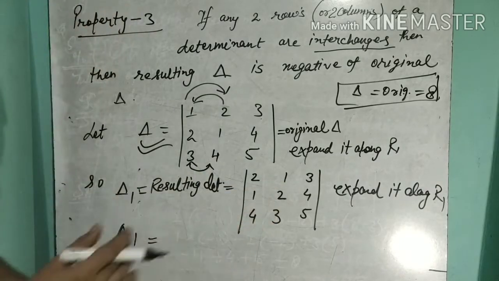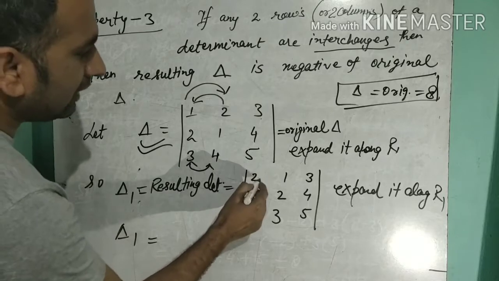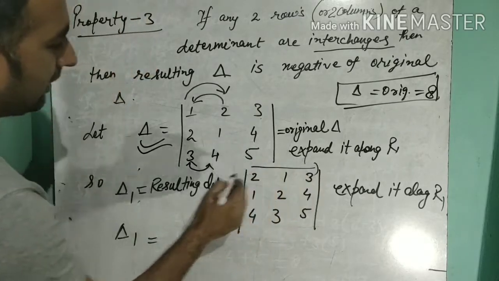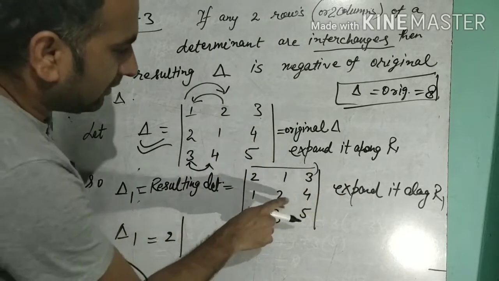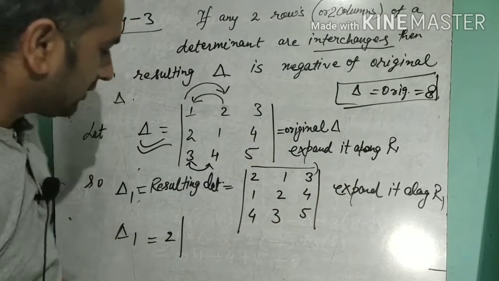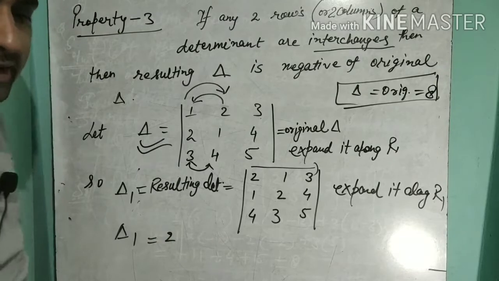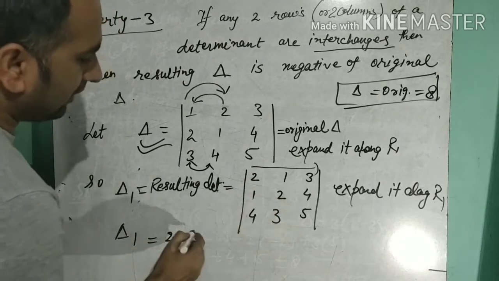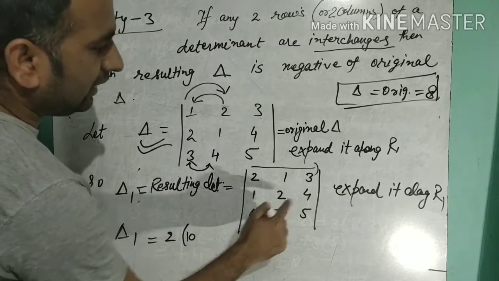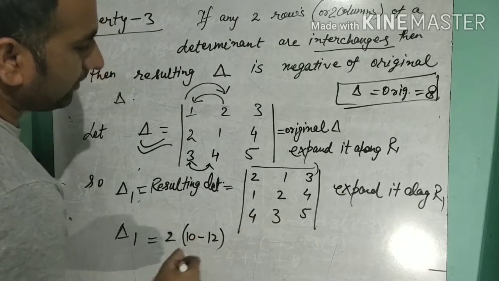I am expanding it along R1, so this will give you R1. Okay, so I am taking here the 2, and after that we will remove the first row and the first column. I will directly solve this portion. Now I am not applying the second order determinant. So 5 2 are 10, and 4 3 are 12, minus 12. Is it clear?